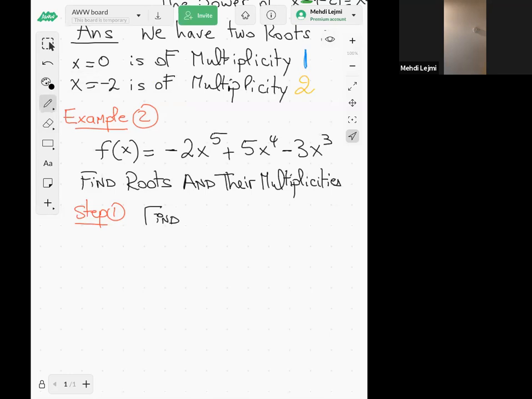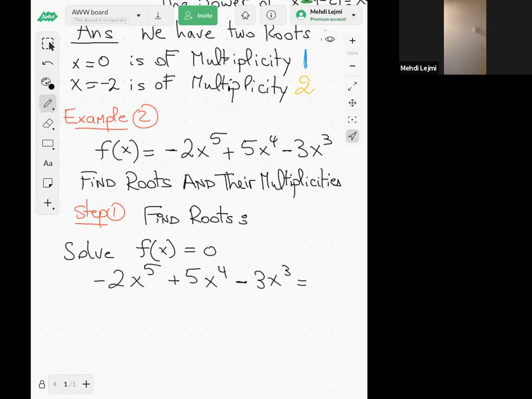So we have to solve negative 2x to the power 5 plus 5x fourth minus 3x cubed equal to 0.